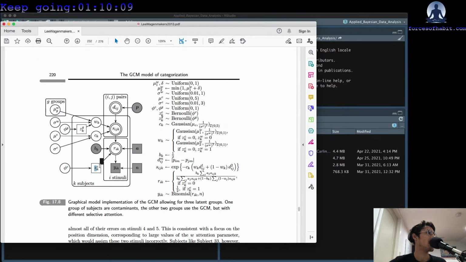Okay, so we have phi for G and phi for C. And what does that mean? Well, phi for G and C are uniformly distributed from 0 to 1.